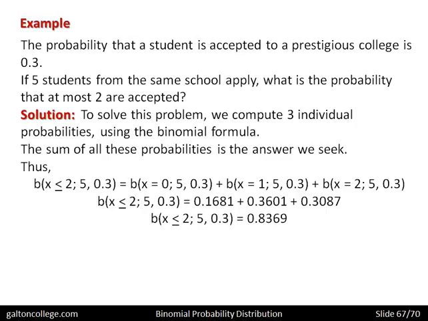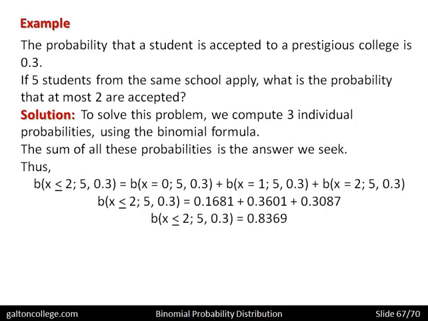So they can't happen. So we have the binomial of x equals 0. Nobody gets in. X equals 1. One boy gets in. So one student gets in. Could be a girl, I suppose. It doesn't say what the gender is.